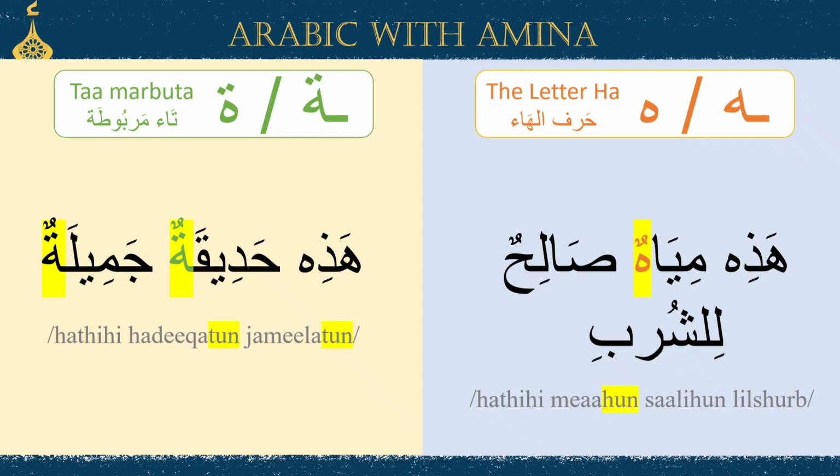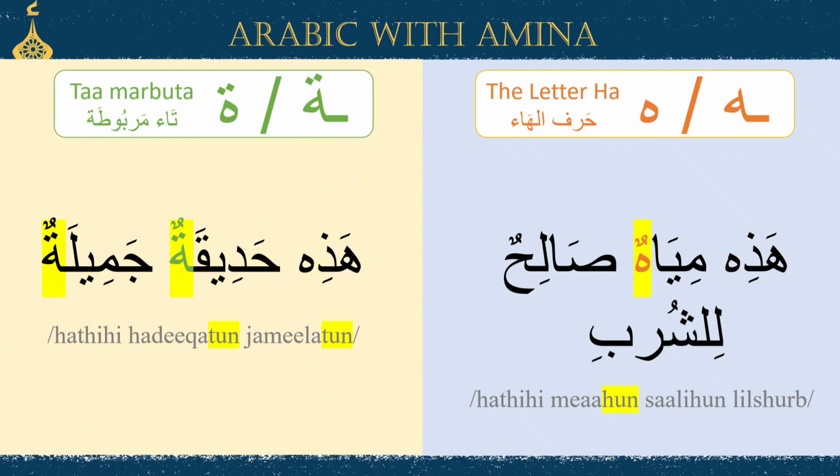هذه حديقة جميلة. If we were to continue, or if we were to end and pause, we would not pronounce the tanween at the end of our sentence. هذه حديقة جميلة. So the twist is, if we stop at the end of the sentence, such as in Jamila, we will drop the tanween and the Taa Marbuta will sound exactly like a ha.